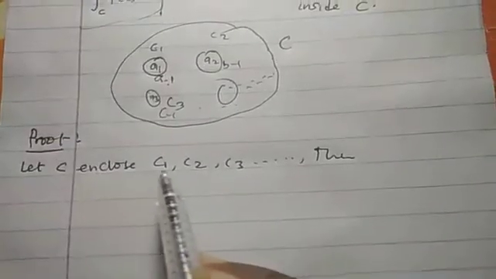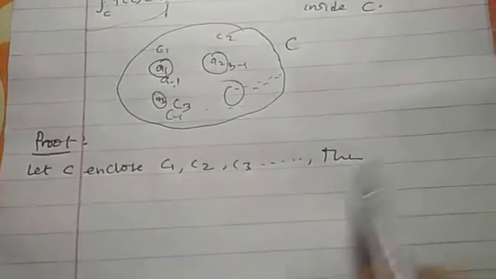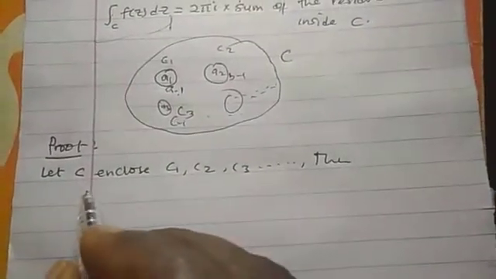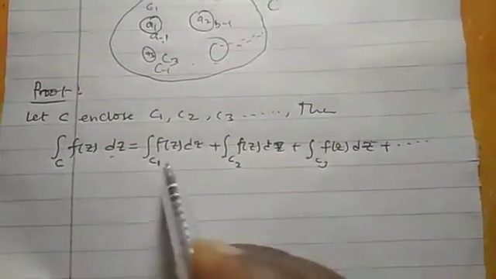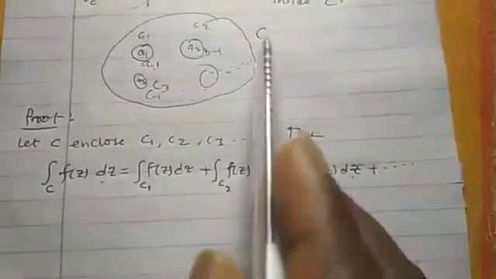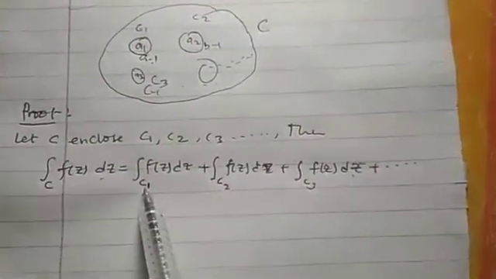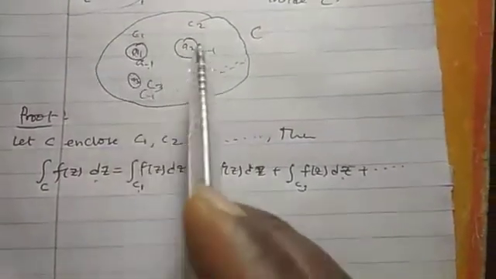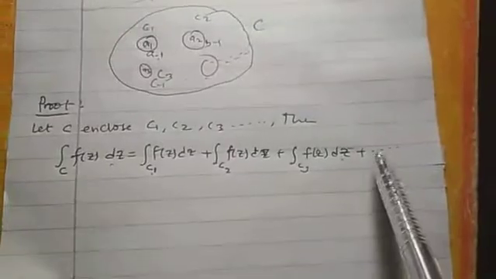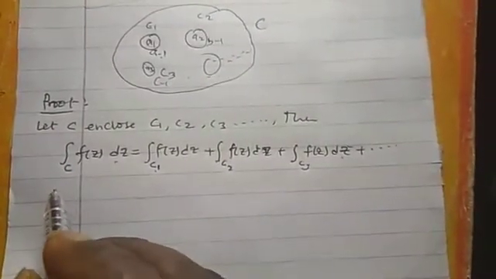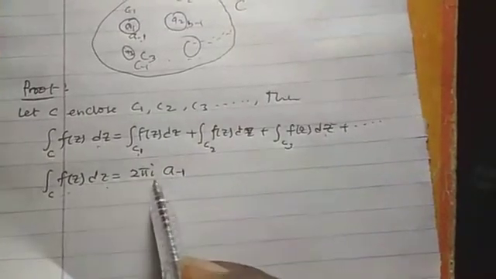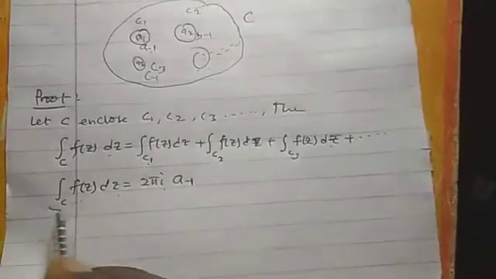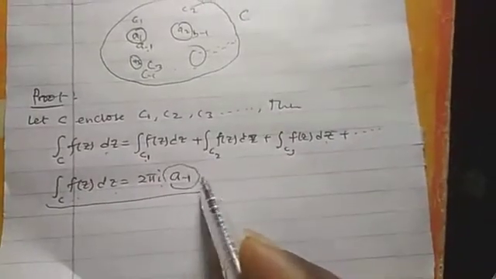Let's prove it. Let's enclose C1, C2, C3, and so on. Then we know, we have said this before, that the integral over C is equal to all of these. That is, integrating over C will be equal to the integral over C1 of f dz plus this plus whatever other curves are there. Now let us recall what we just proved for the residue: the integral of f of z dz is equal to 2 pi i times the residue.